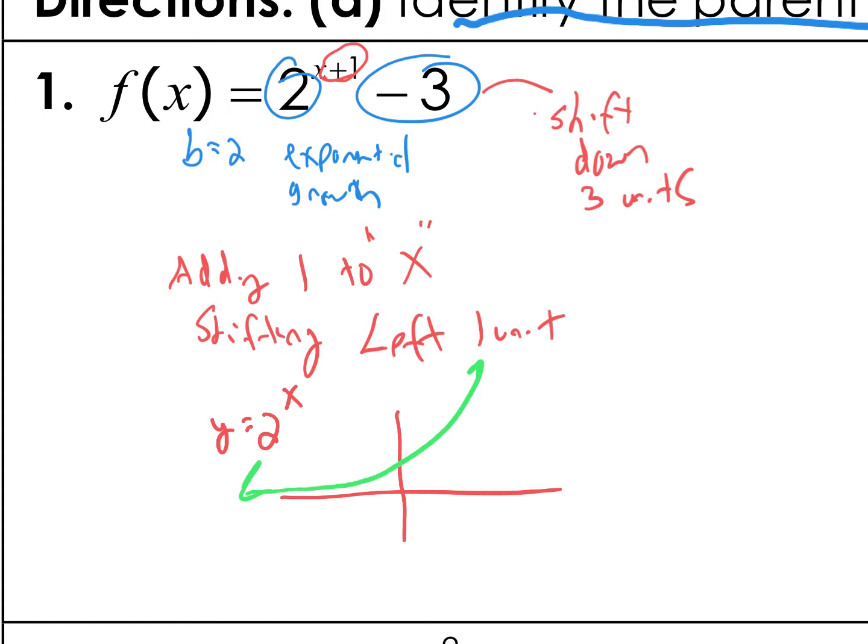This function here that went through 0, 1 will go down 3. 1, 2, 3. And that same point that I put down here, 3 down, has to shift left 1. So it actually goes left 1. So the real graph of that function is going to look like this.